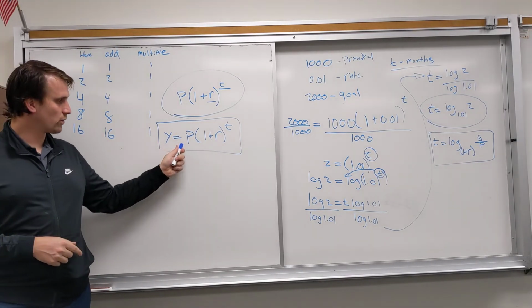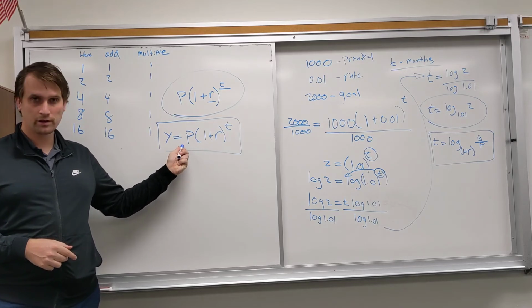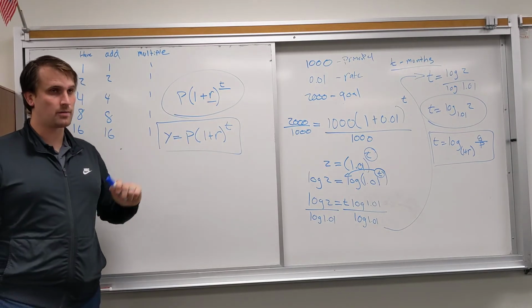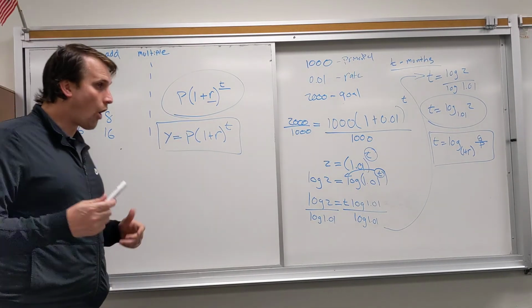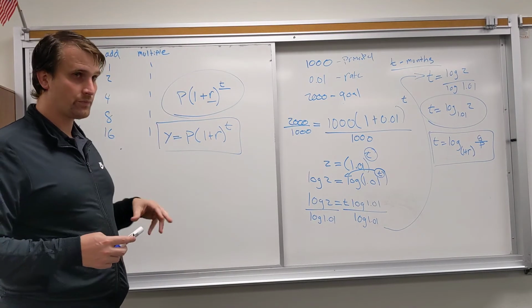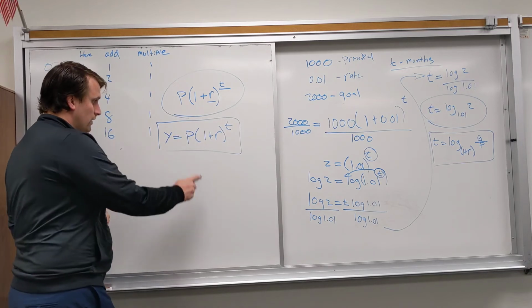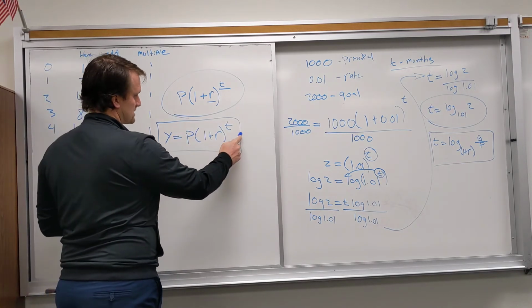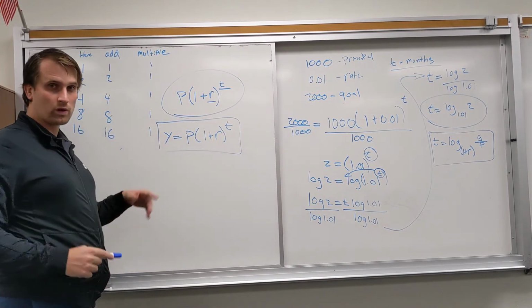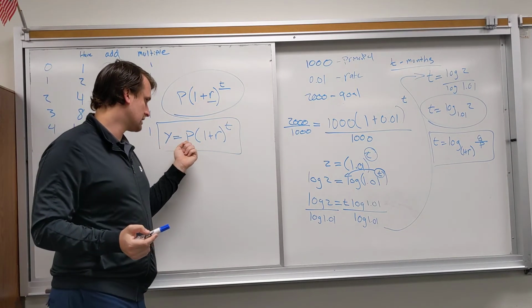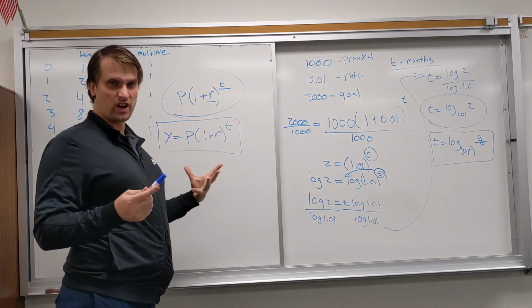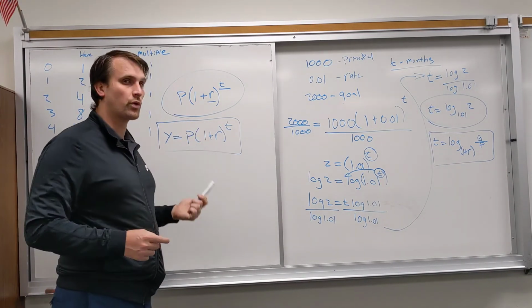So if you can handle this equation, you can do every problem that you're going to see in this unit. All the problems are basically reading some paragraph and pulling from that paragraph a principal, a rate, a time, and a goal. And one of those 4 things is going to be unknown. And we just solve for it.